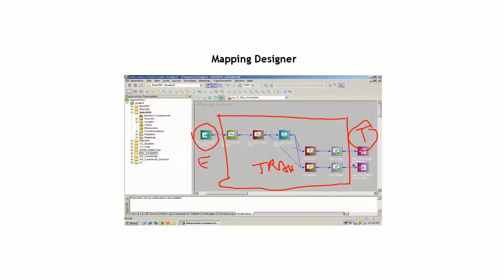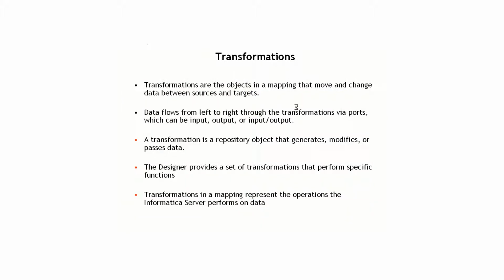In this target, you load the data. So a transformation is an object which Informatica provides to modify the data, change the data, to move the data from the source to the targets. Informatica Designer provides you with a set of transformations that perform specific functions.